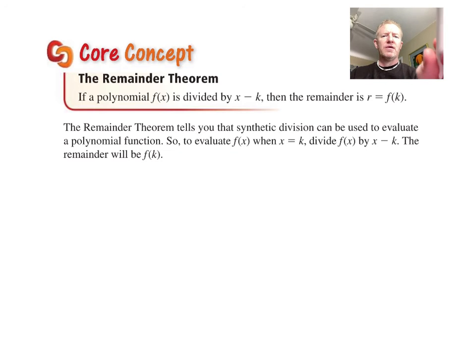So in words here, it says the remainder theorem tells you that synthetic division can be used to evaluate the polynomial function. That's like find the f of 2, where we would substitute in 2 for x. So if you want to find the f of x when x is k, divide by x minus k.